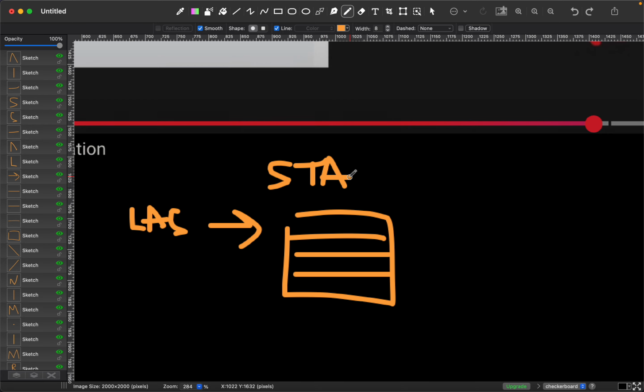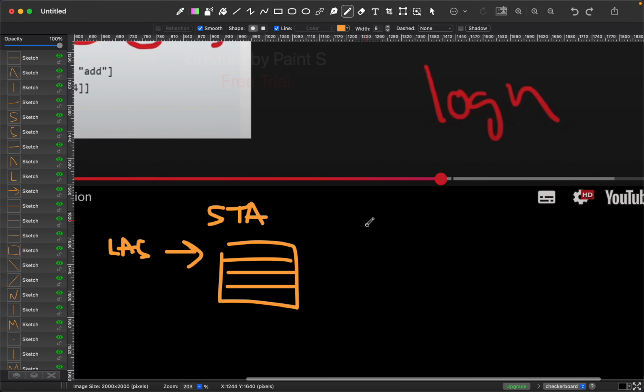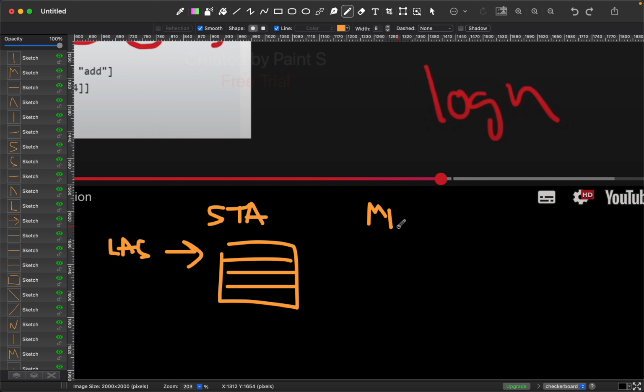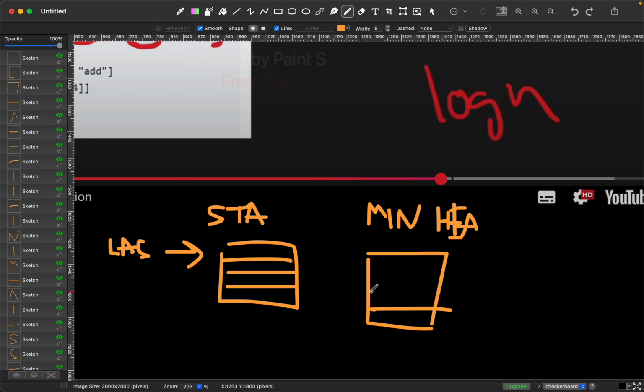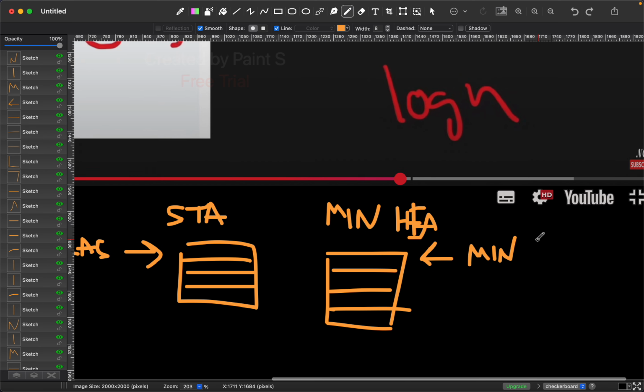But for this case it's the min heap, right? What a min heap does is that on top, basically the last value, this guy, is actually the minimum value, and it's also known as the last guy over here.